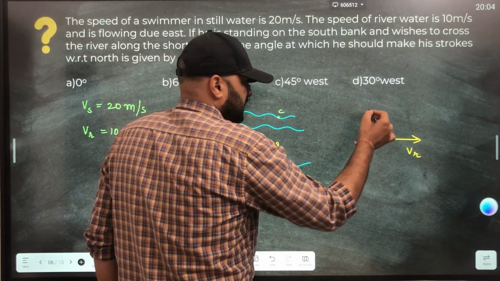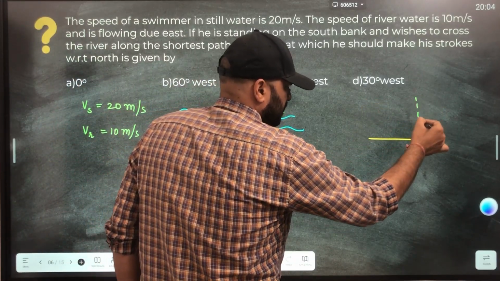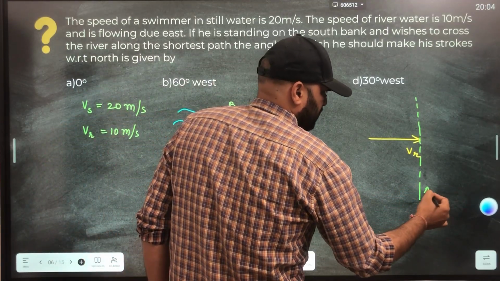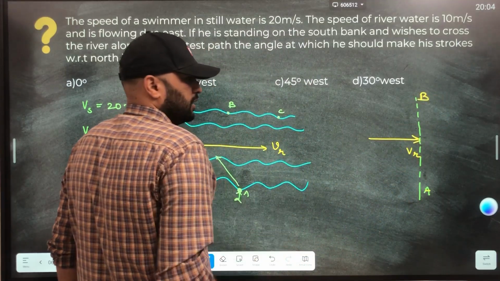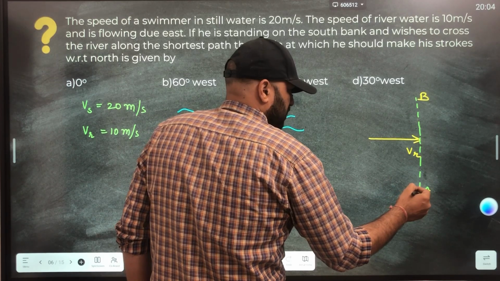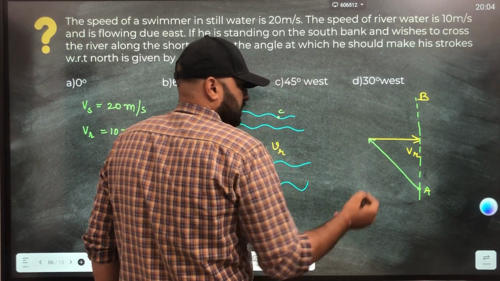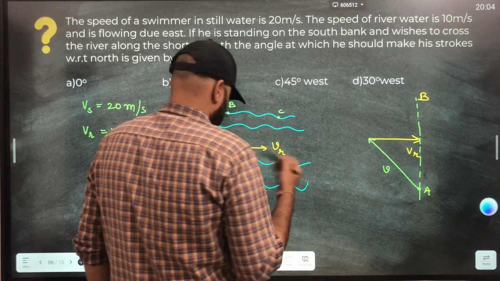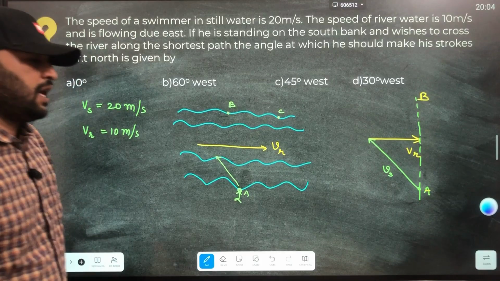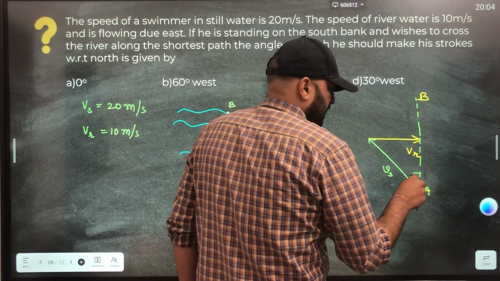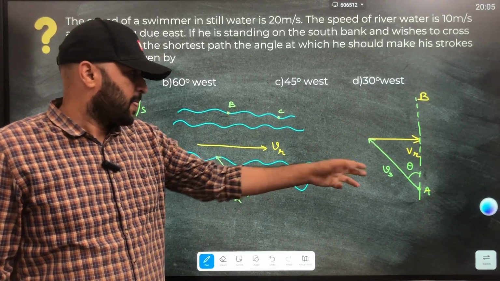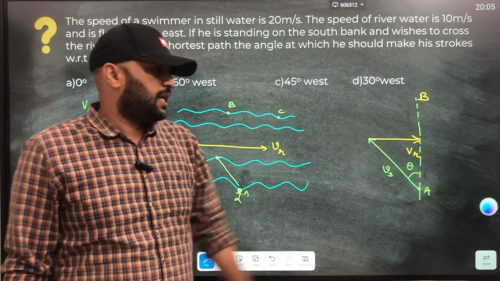And this is from A to B. Let's say I want to reach B perpendicularly, and I started from A and I am moving in this direction. This is the velocity of the swimmer, correct? I have to figure out this angle theta at which I should swim so that I can reach up to point B. Clear it is?